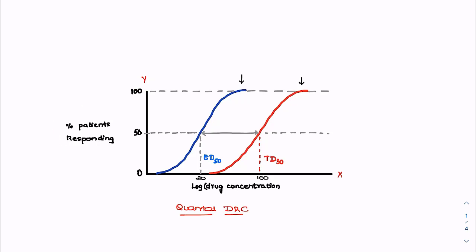Whenever you administer a drug, this is the concentration on the x-axis, which tells you about the potency, whereas the y-axis tells you about the response or the efficacy. This is the minimal dose at which the drug is producing the effect. So this is producing the minimal desirable effect.